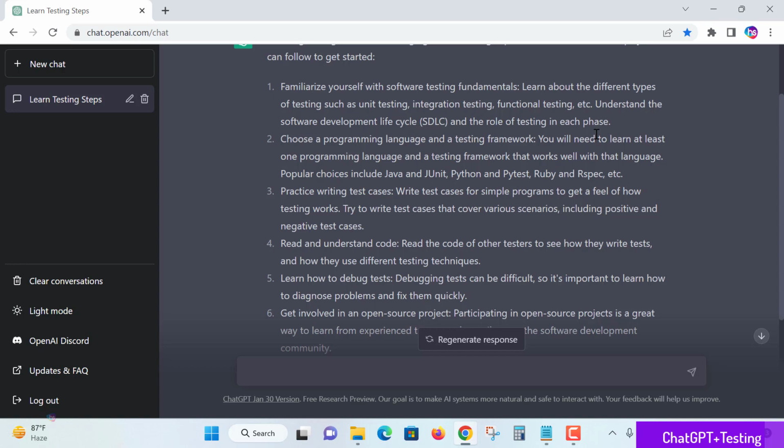Now the next one, choose a programming language and testing framework. Yes, you will need to learn at least one programming language and a testing framework that works with your language. Popular choices include Java and JUnit, Python and PyTest, Ruby and RSpec.